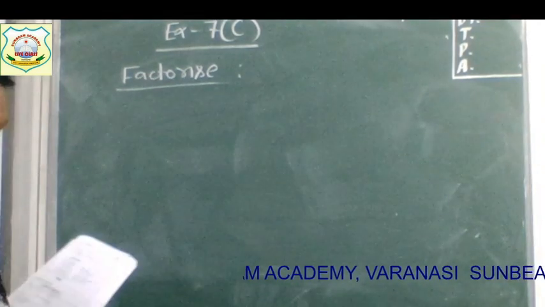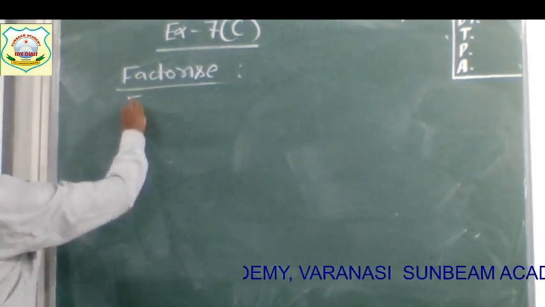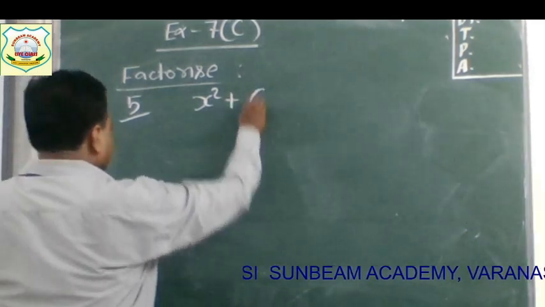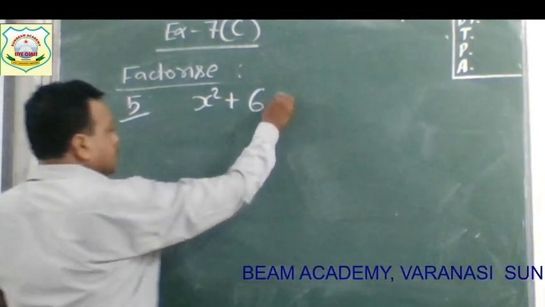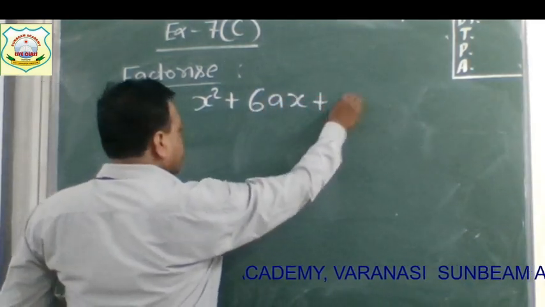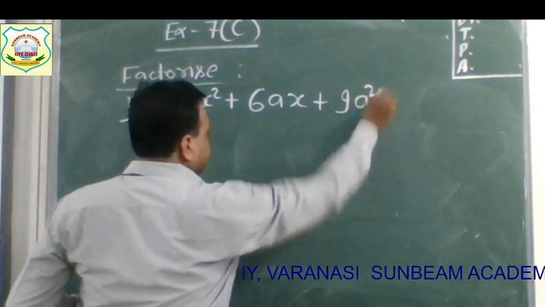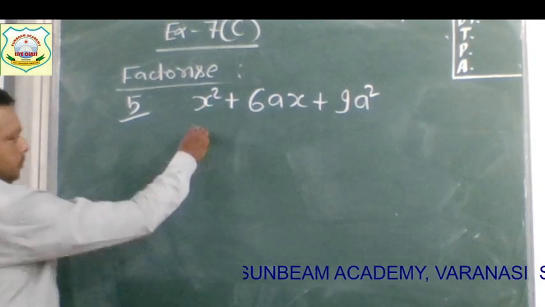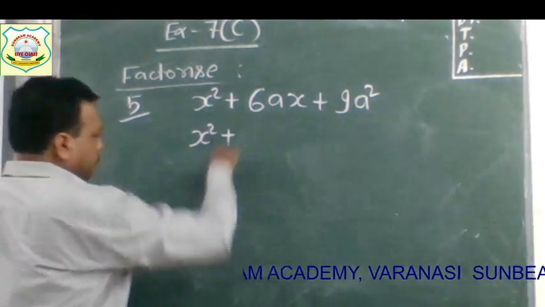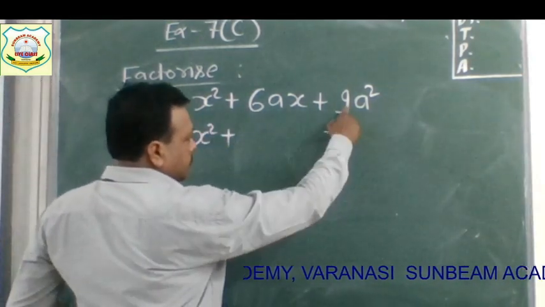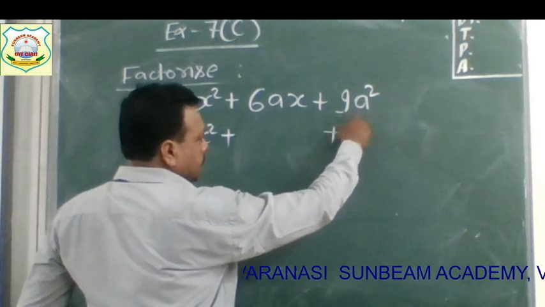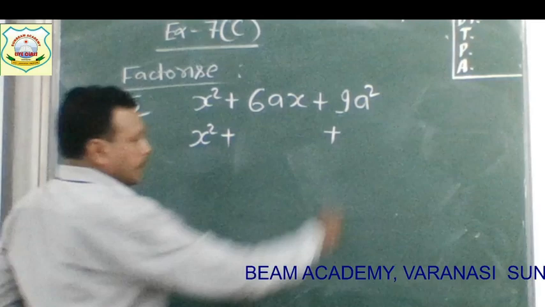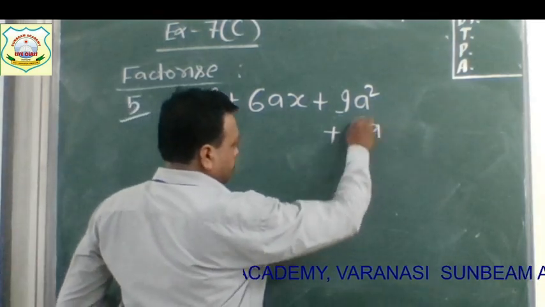Question number 5 is given: x square plus 6ax plus 9a square. Then what will be? x square we have written the same, plus 9a square. 9 is the square of 3, so 3a whole square.